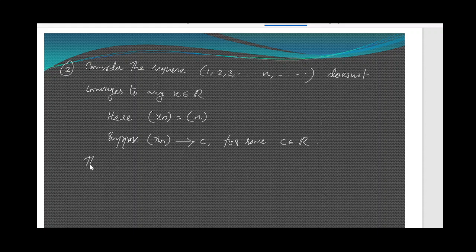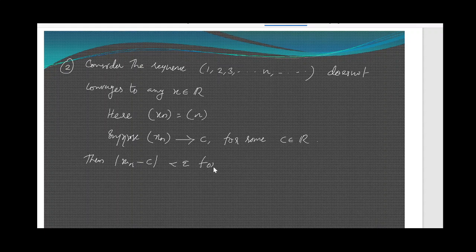Then modulus of xn minus c is less than epsilon for some n greater than k, where this k belongs to natural number.